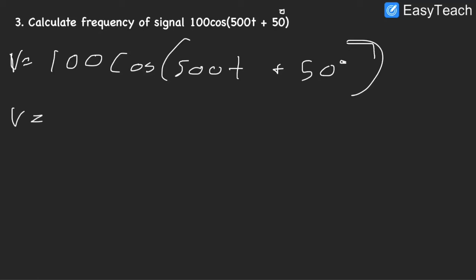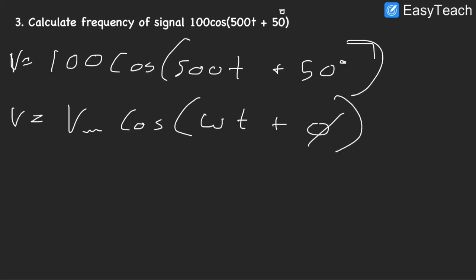And remember the expression. If you look at the terms, 100 is the maximum point of the signal. If I'm assuming it's a voltage signal, it's going to be 100 volts or millivolts. It's not going to be 100 volts for sure. So that's the maximum voltage. And your omega is 500 radians per second.